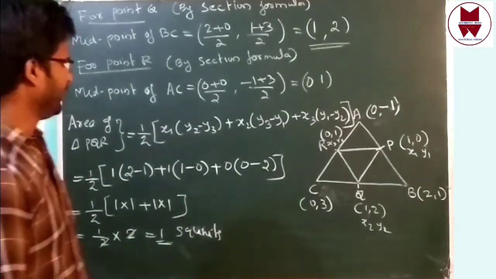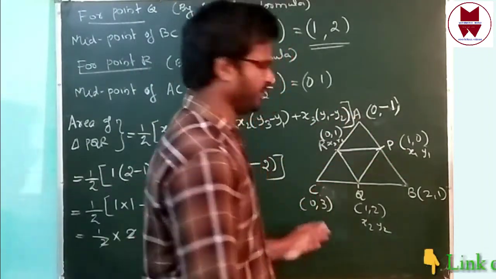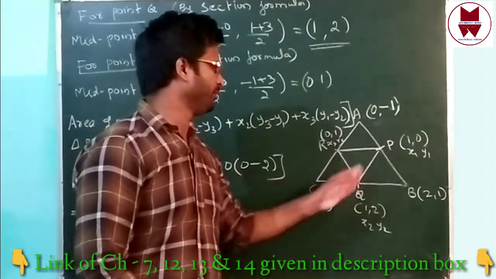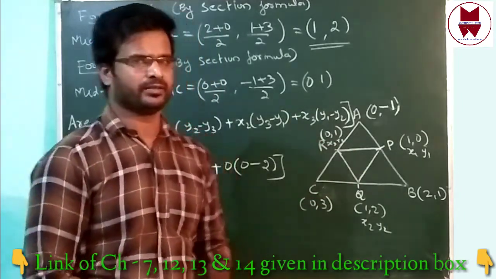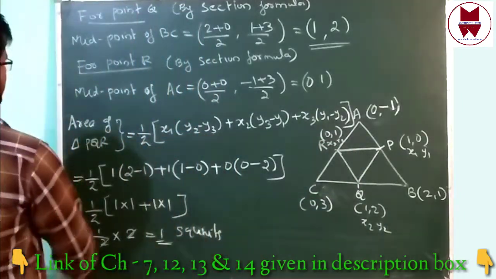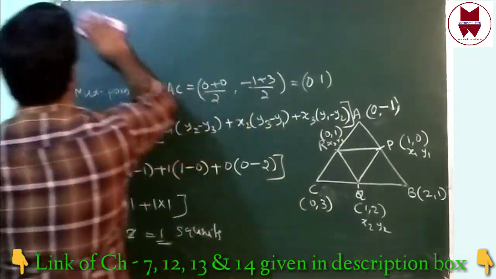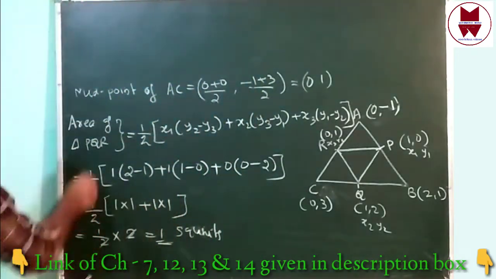Now we got the area of triangle ABC, that is 4 square units, and the area of triangle PQR is 1 square unit. Then what is our question? We have to find a ratio, isn't it?